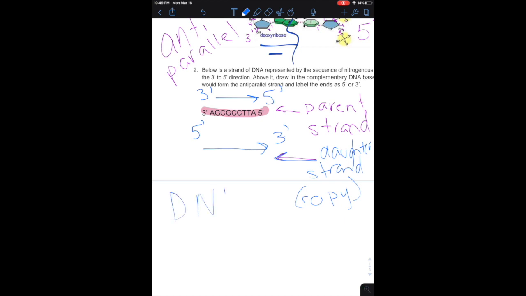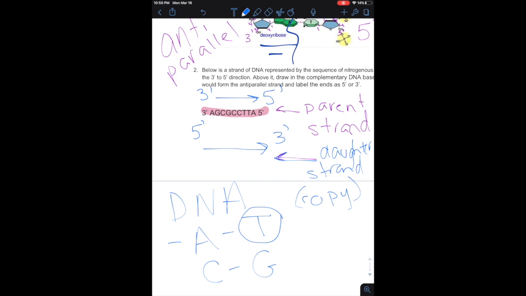Now we're talking about DNA here. So our bases are adenine, hydrogen bonded with thymine, and cytosine bonded with guanine. So you can remember apples in the tree, cars in the garage. We're talking about DNA, so thymine, not uracil.